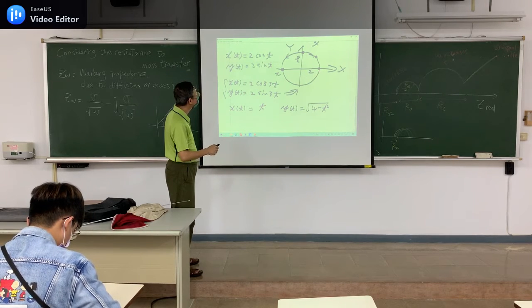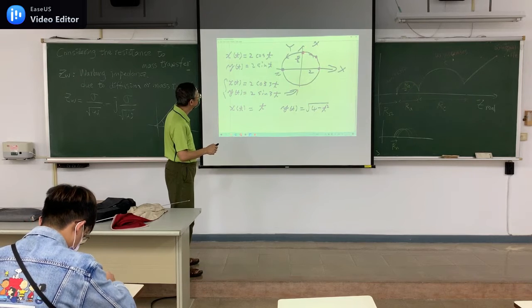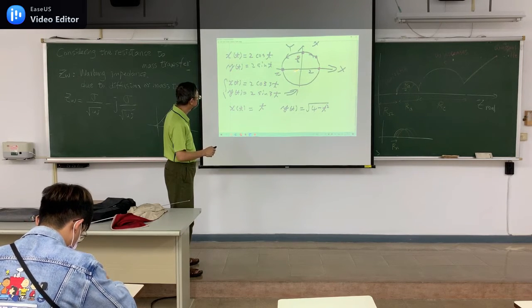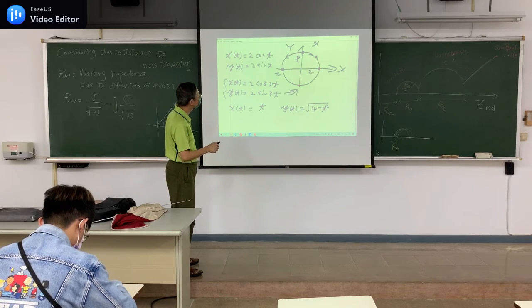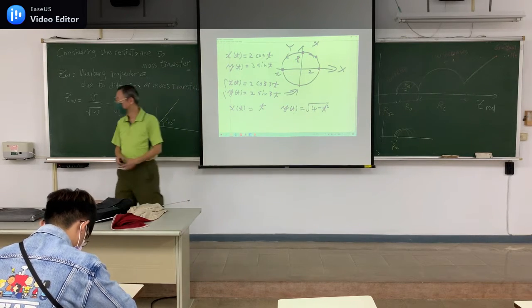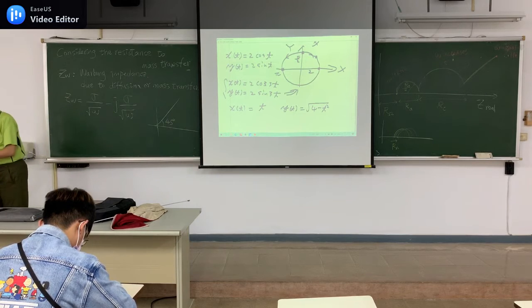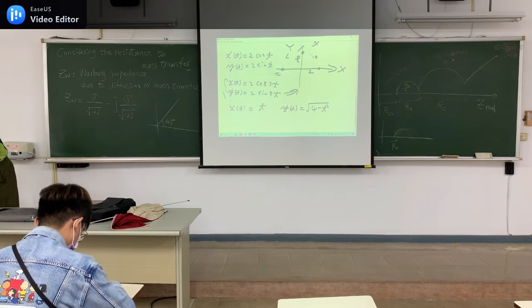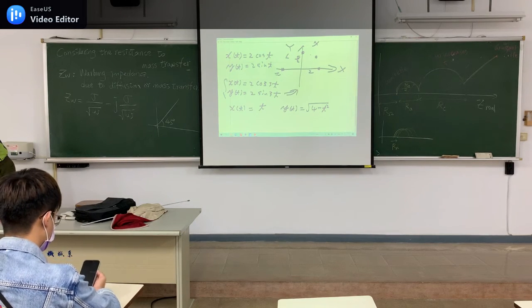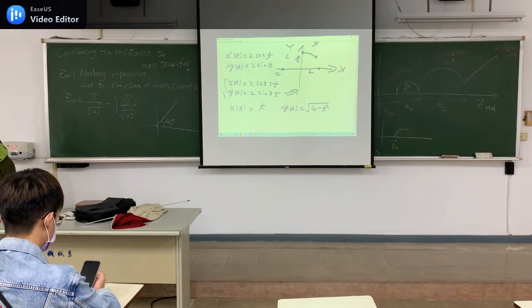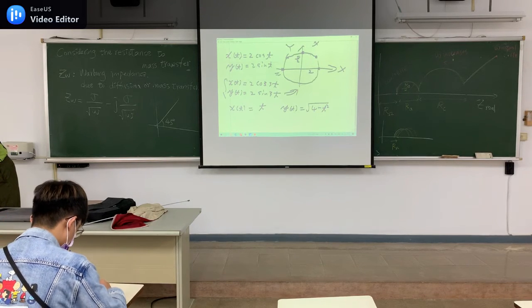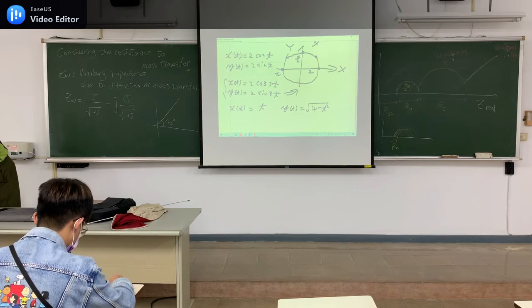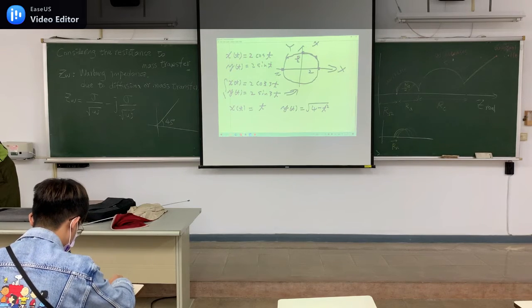Then x all represent this way. When x is 0, y is 2. When x is 2, okay, this way. So it will represent this part. It will represent this part.